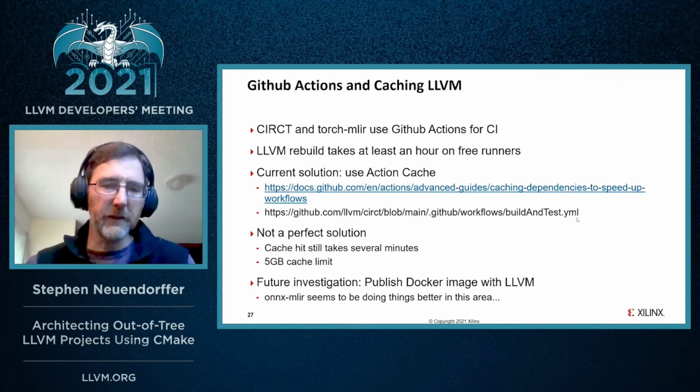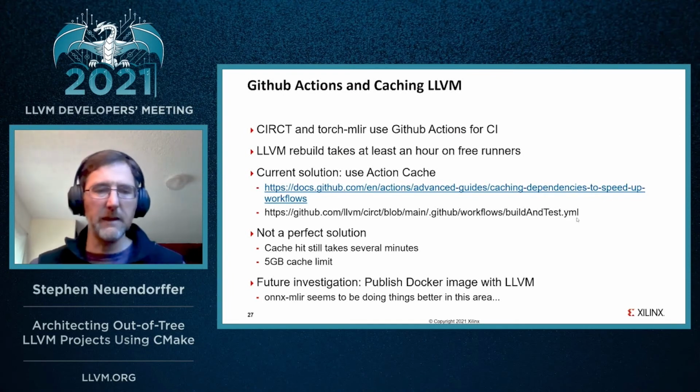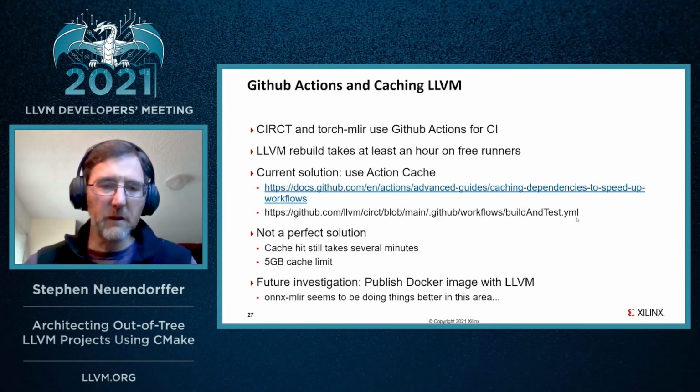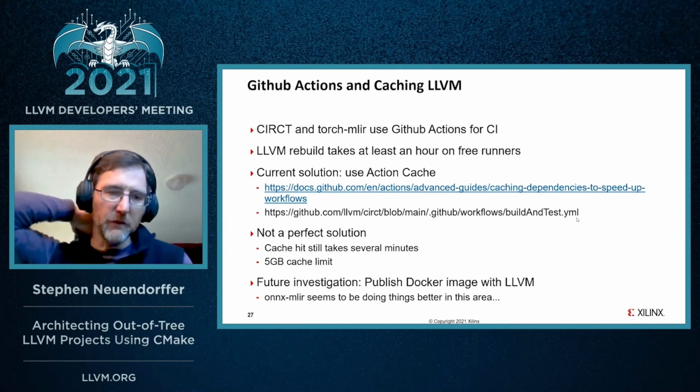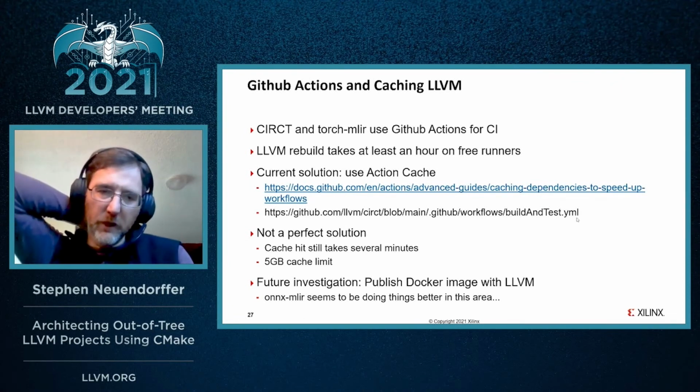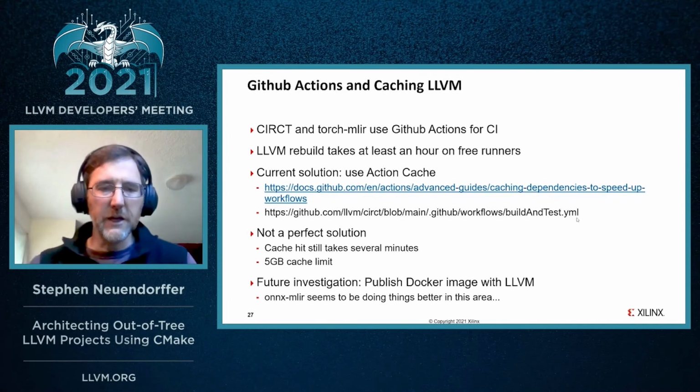This still isn't a perfect solution. Even when LLVM is not being rebuilt, satisfying a cache hit and copying data into the build environment still takes several minutes. And there's a rather small limit on the size of the overall cache, so you might get one or two LLVM builds in the cache, but managing the cache itself can sometimes be tricky.